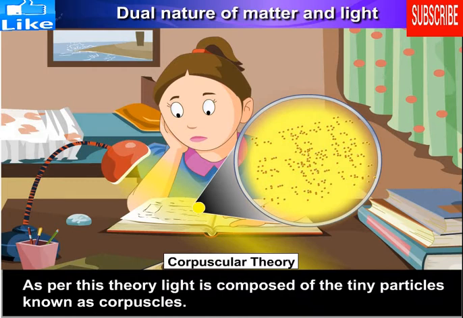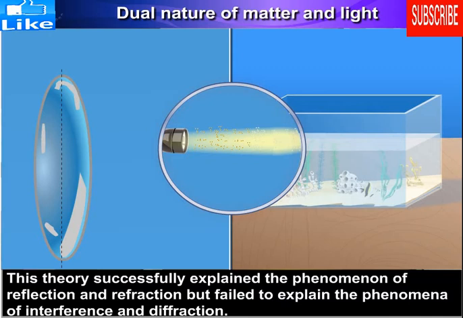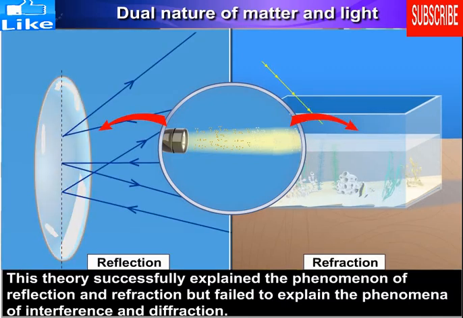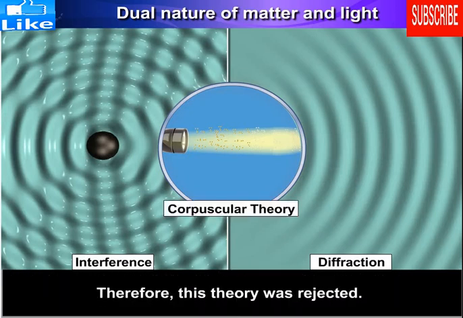As per this theory, light is composed of tiny particles known as corpuscles. This theory successfully explained the phenomena of reflection and refraction, but failed to explain the phenomena of interference and diffraction. Therefore, this theory was rejected.